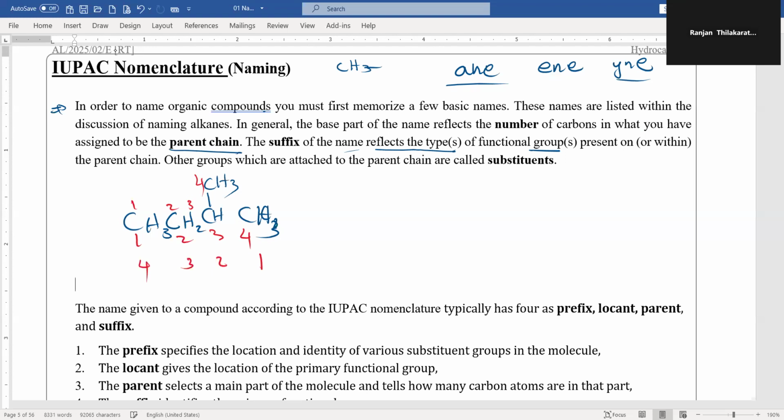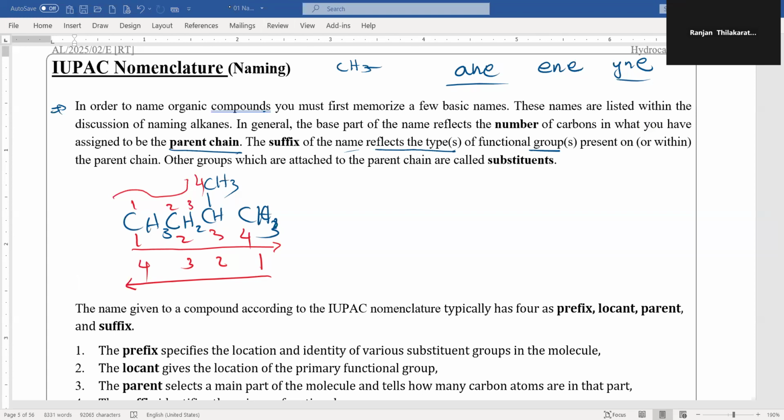There are several ways of numbering that, but that is not good, right? If someone chooses this longest carbon chain having 4 carbons, he will get a name. If someone uses this chain as the longest chain, he will get another name. That means for the same compound, you will get different names.